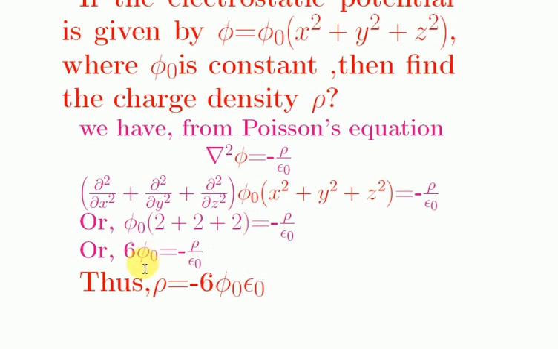So finally we can write 6 phi 0 equal to minus rho by epsilon 0, and thus rho equal to minus 6 phi 0 times epsilon 0. So this is the answer, and this is the required volume charge density.